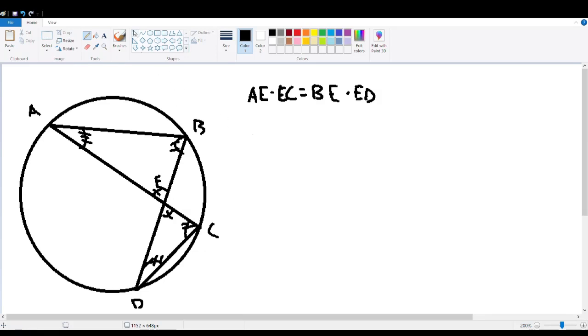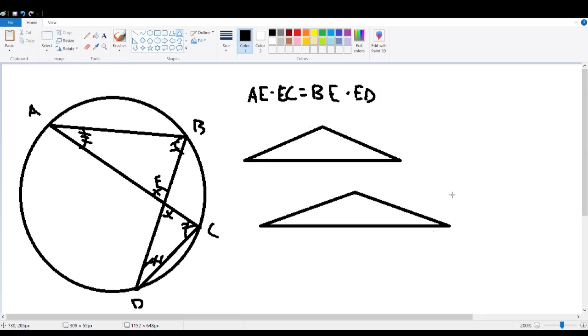When you draw the triangles out, this is not really a good triangle. It's going to be more like, let's just say this is what the triangles look like.